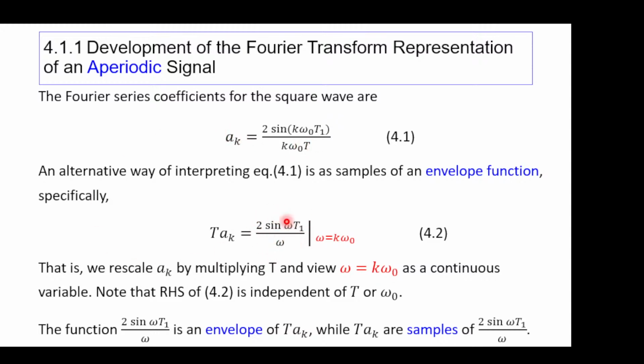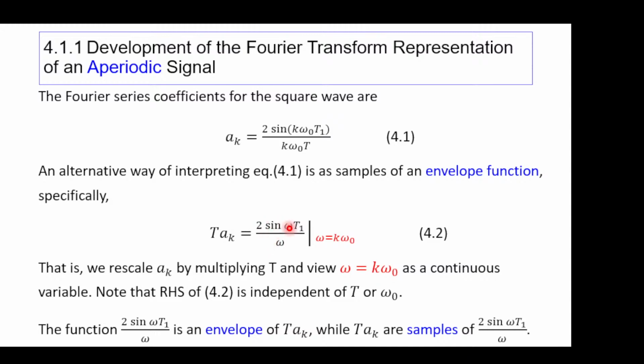Then the right-hand side doesn't depend on big T or omega naught, because omega naught combined with k becomes omega. So this is now a function of omega only: 2 sine(omega T1) over omega. It's called the enveloping function, T a_k. You don't see any T or omega naught here; it's just a function of omega.